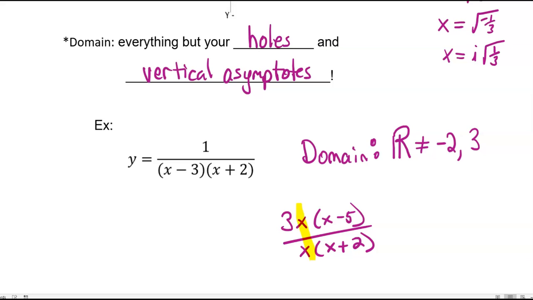The x's, okay? If I am trying to cancel out the x's, I know I've got a hole. Where would the hole be? What would I plug into x to make that 0? 0. People overthink that. So this would have a hole at x equals 0. Okay? Don't overthink something as simple as that, because it can happen. All right.